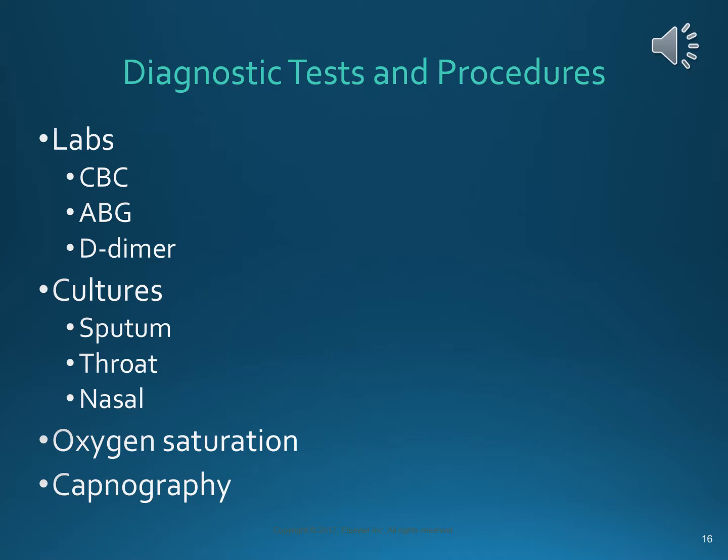So if you're anemic, the other 2 systems have to work harder. It can also be increased in people who have a chronically low oxygen level. So people who have emphysema, COPD, will have polycythemia, an increased number of red blood cells.